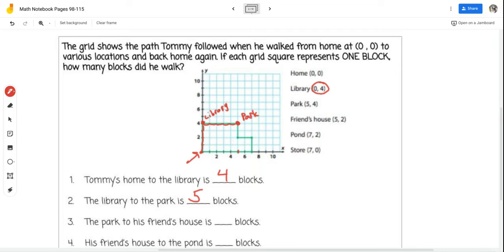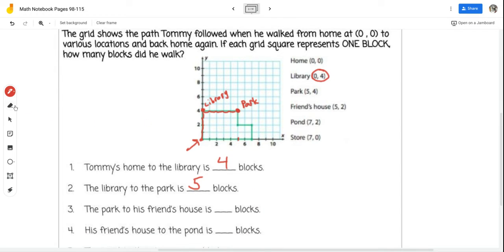And then from the park, let me erase this. From the park, he's going to go to his friend's house. There's his friend's house, 5, 2. So 5 on the x-axis, 2 on the y. This is his friend's house. That looks terrible. Let me erase this.